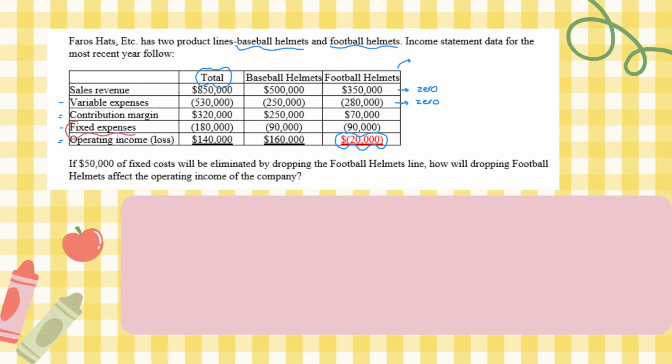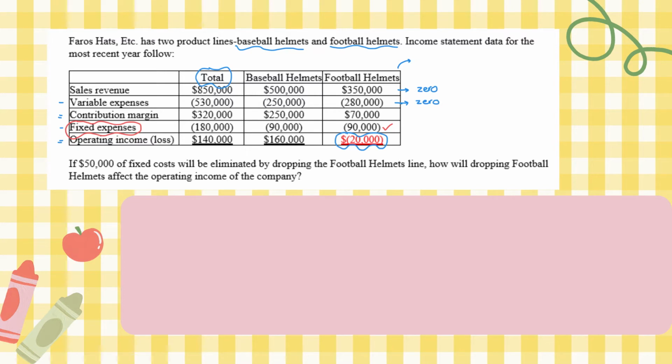Will I still pay those fixed expenses if I drop this line, or am I gonna continue paying the 90,000, which is this one? So we need to know if it's direct fixed expenses or allocated fixed expenses.